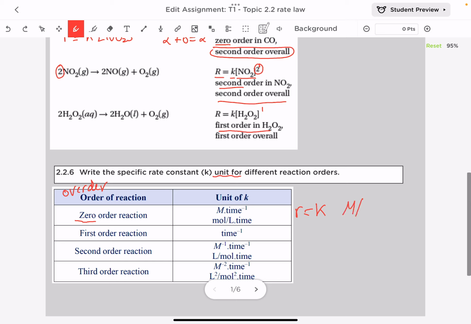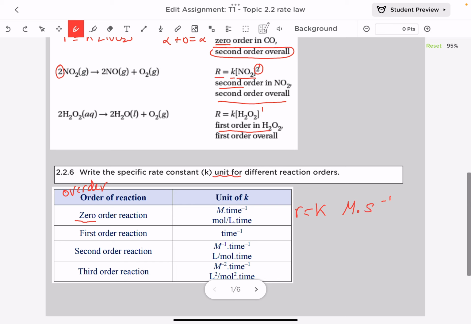The time could be in seconds, minutes, hours, days. So it's molar per time, or if I remove the molar, it's time minus 1. Again, the time could be seconds or minutes.